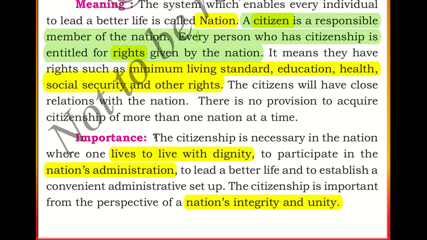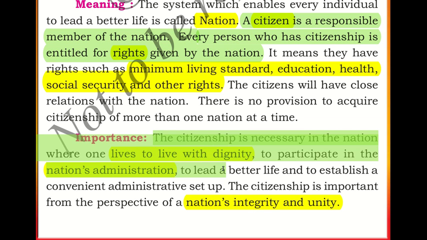The importance of citizenship is listed over here. Citizenship is necessary in the nation where one lives to live with dignity, to participate in the nation's administration, to lead a better life, and to establish a convenient administrative setup.